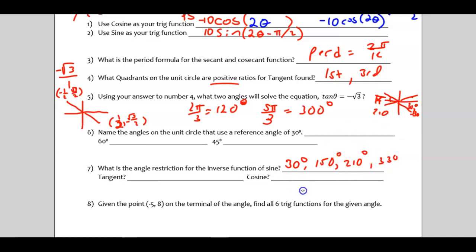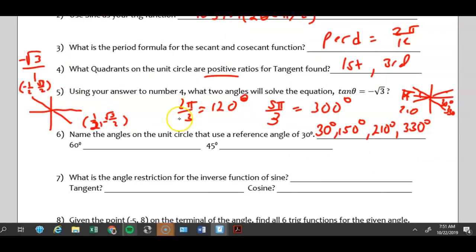Now, the question says, what is the tangent? Oh, I'm on the wrong line. Sorry about that, guys. Let me fix this. Now, again, what is the reference angle of 60 degrees? If you think about it, 60 degrees is its own reference angle, and then you have in the second quadrant 120 degrees.